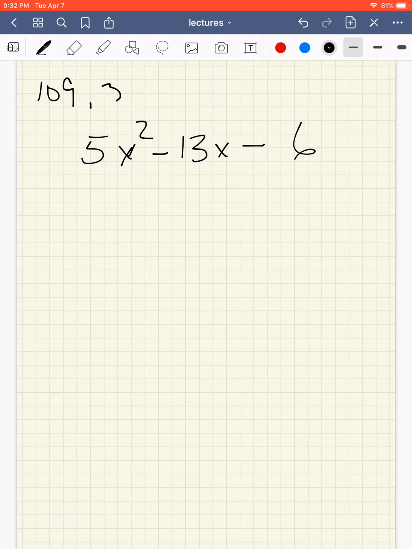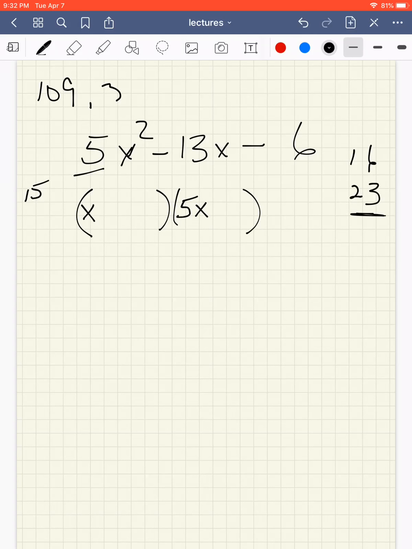There's no greatest common factor. Factors of 5 are 1 and 5. Factors of 6 are 1 and 6 or 2 and 3. So we have a little bit of choice on this one right here. This one we know has to be an x and a 5x. And again, because this is negative, we know that one of these has to be plus and one has to be minus.